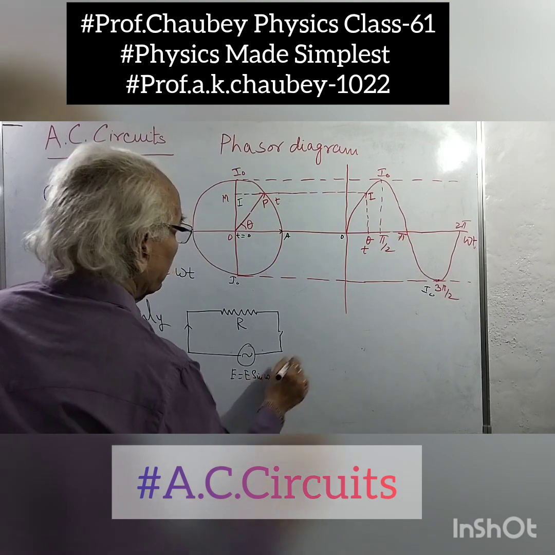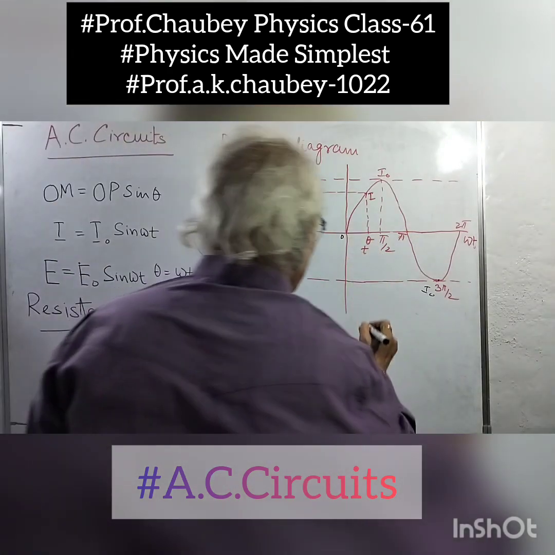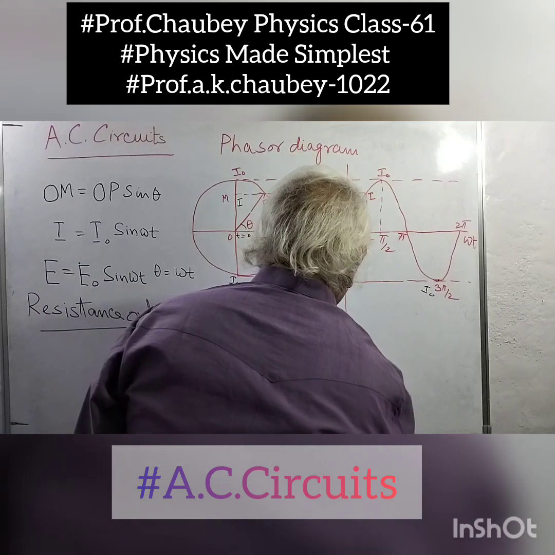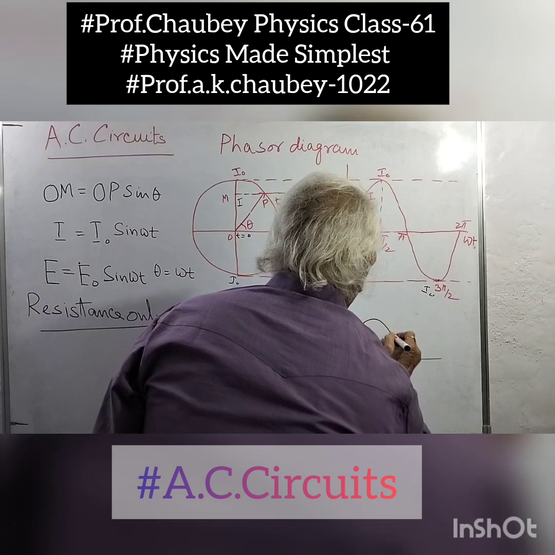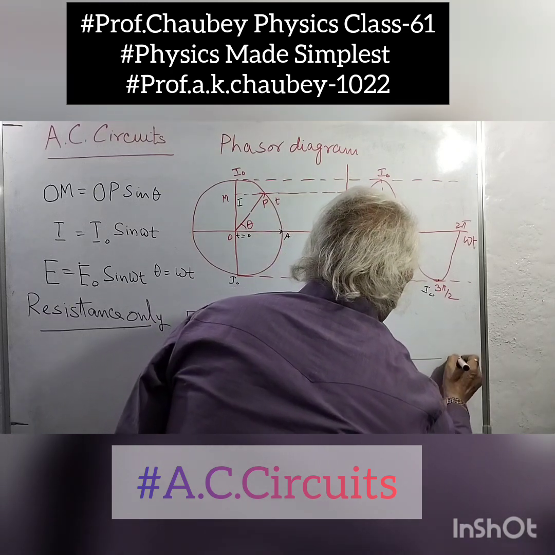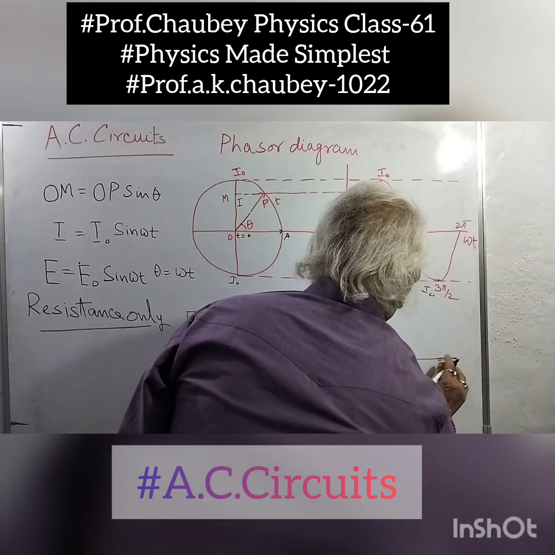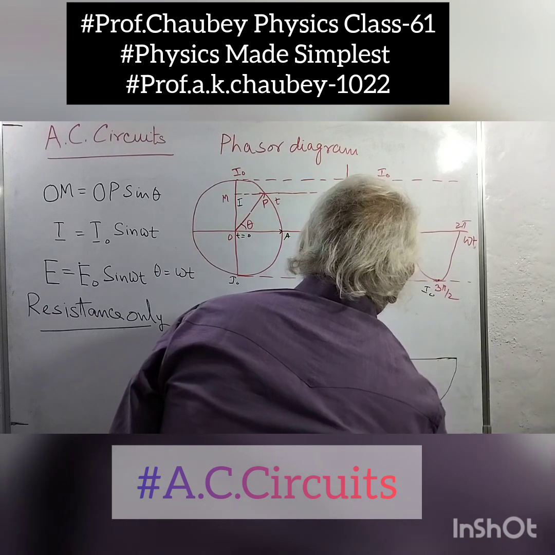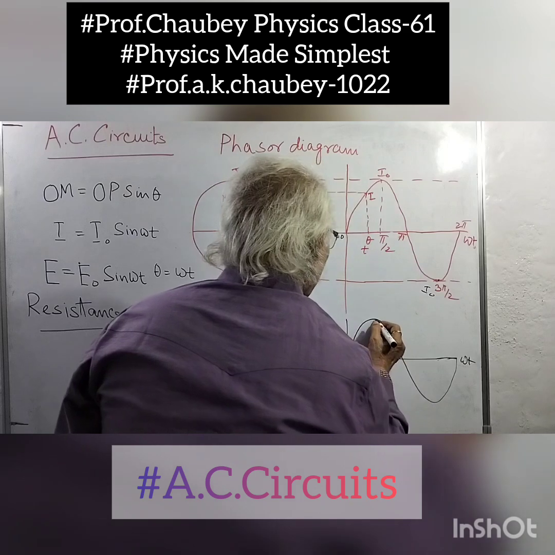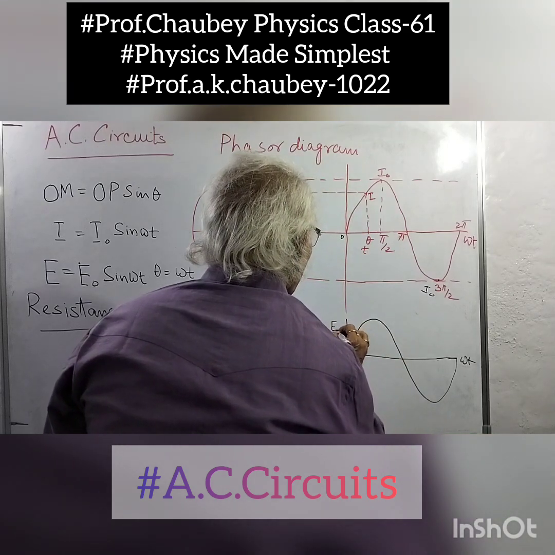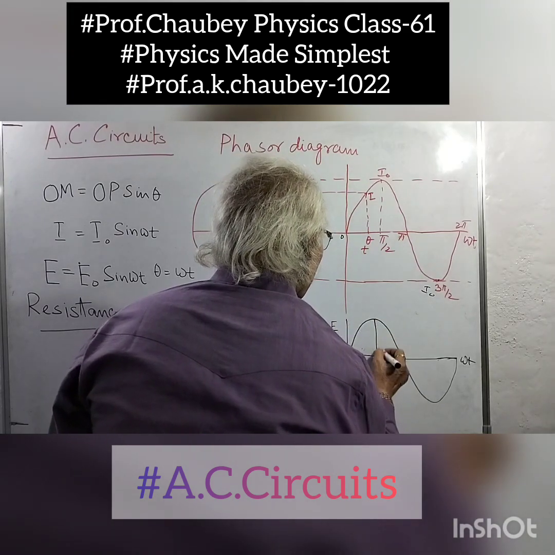Means the potential is also increasing in the same way. The potential is represented in the same diagram, at time omega t, the angle theta, and this is the E, and this is the maximum E naught.